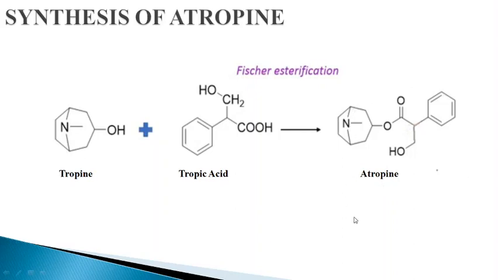So with the help of simple chemical reactions of organic chemistry and with some logical thinking, the scientists have determined the structure of atropine. By applying these simple reactions, or classical methods, we can easily determine the structure of, or do structure elucidation of, simple alkaloids also.